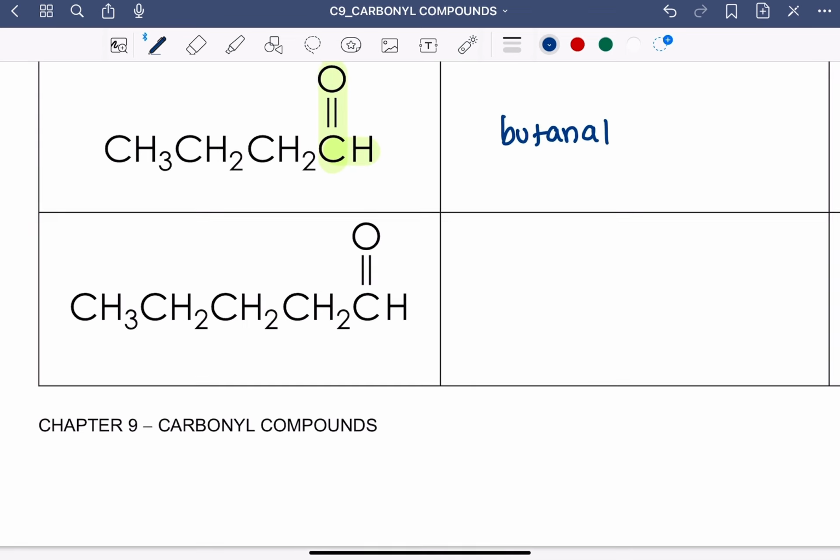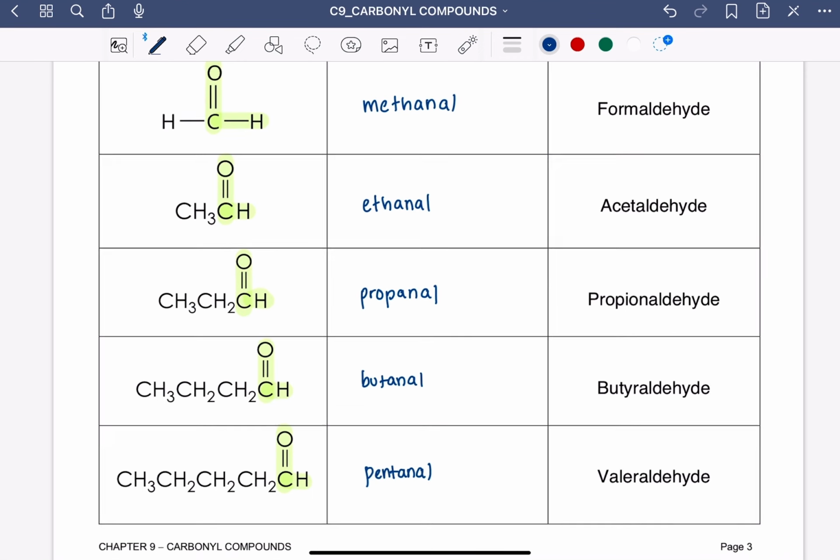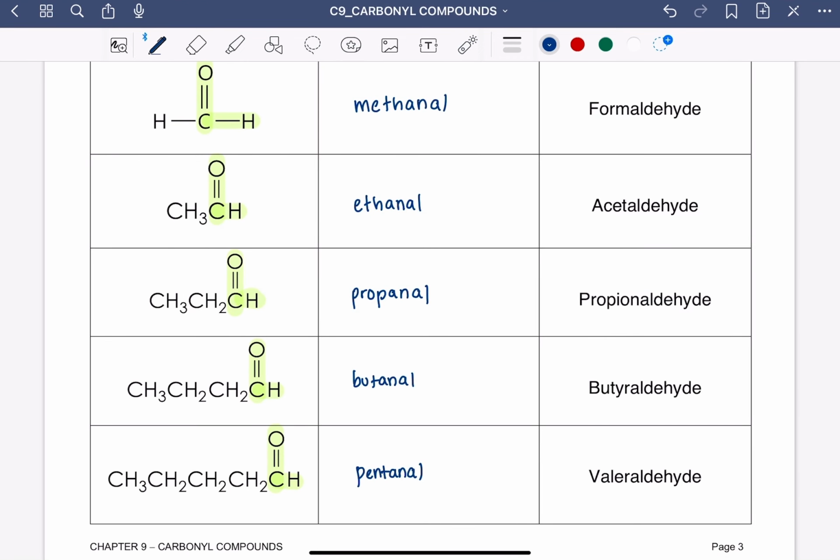Now, can you guess the name of this? Yes, you are correct. Carbonyl with H, aldehyde. 1, 2, 3, 4, 5. So this one should be pentanal.